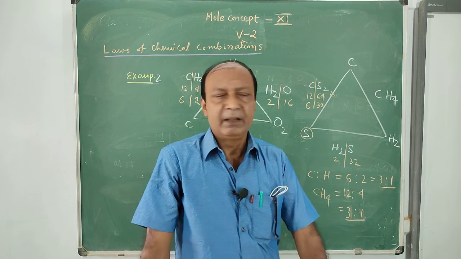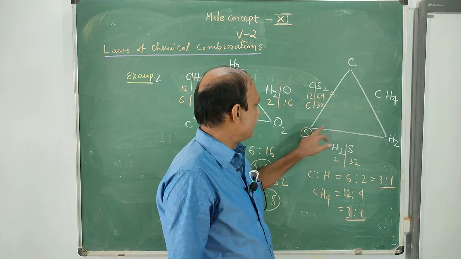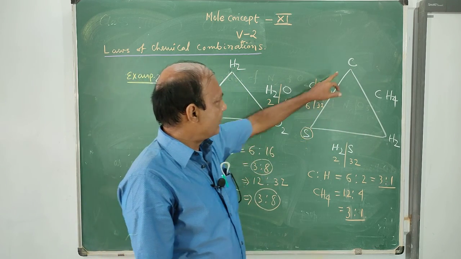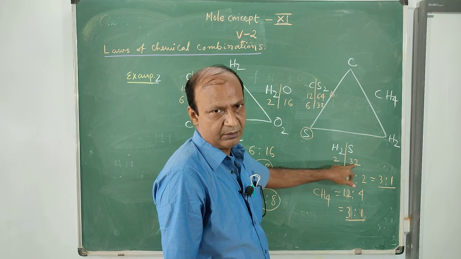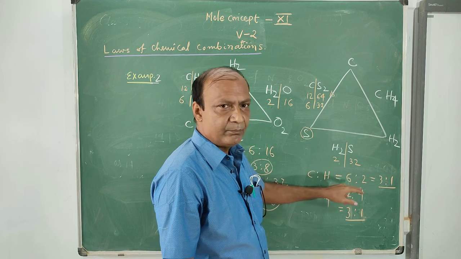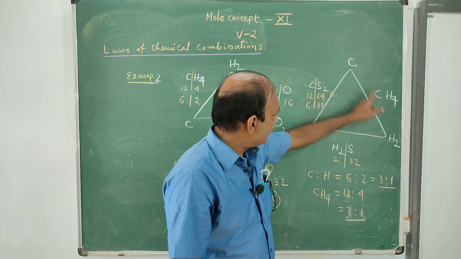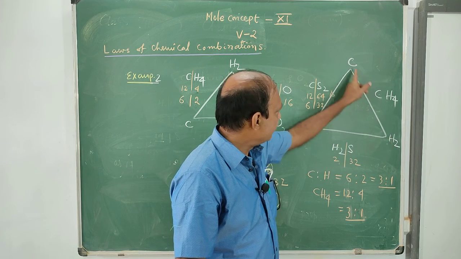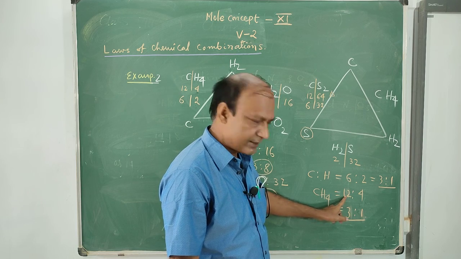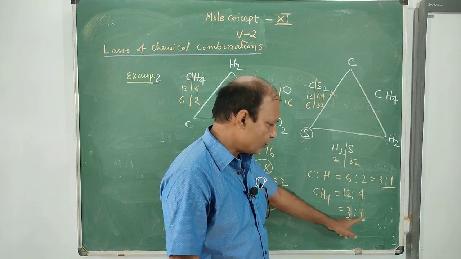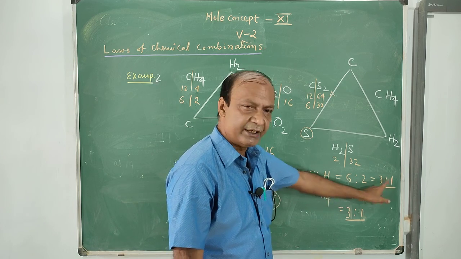So you will observe, once again I am telling, when two elements combine with a third element, the ratio of masses of these two elements, fixing the mass of the third element, which is common, is either the same or some integral multiple of the ratio when these two elements combine with each other. When these two elements combine to form methane, the ratio of combination of masses is 12:4, that is equal to 3:1, which is the same as that of CH2H, 3:1.